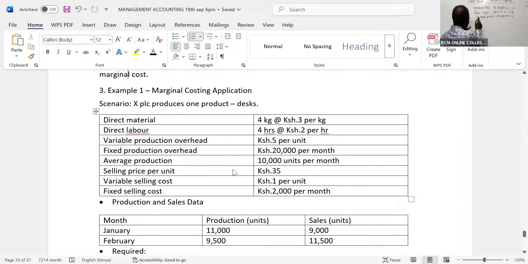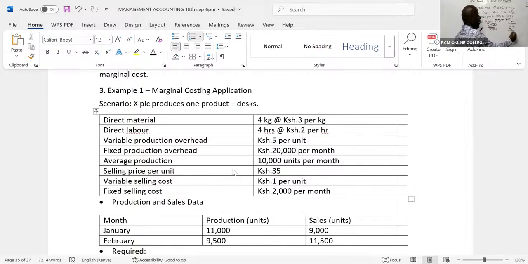5. And then, because this is full costing, we must also bring fixed production overhead per unit. Remember, it is 20,000 per month, for producing 10,000 units in a month, which gave us 2.